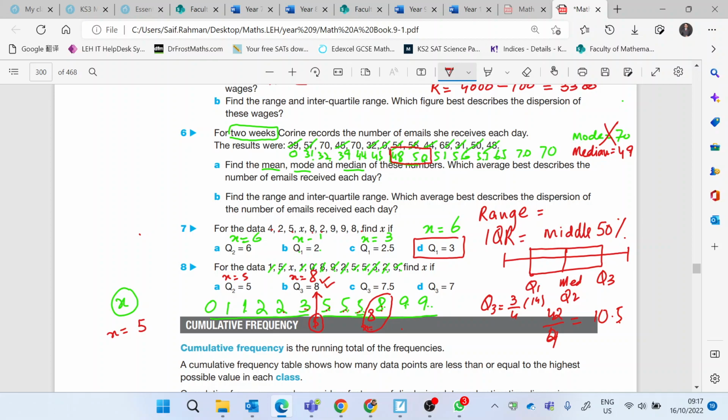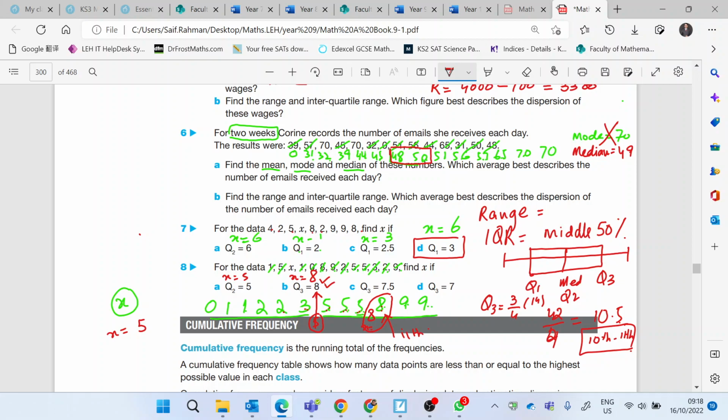So if Q3 is the average of the 10th and 11th value, this 8 is the 11th value. We need the value here which gives us an average of 7.5.